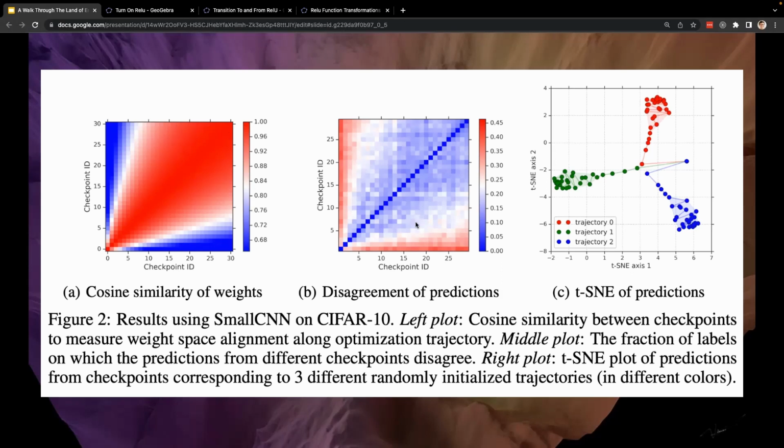And this one also probably won't show you anything too crazy either. So again, it's just comparing one trajectory. So let's just focus on green, for example. And it's comparing the same thing, right? Well, it's comparing disagreement, not cosine similarity, but it's looking at epoch versus epoch. So here we're at epoch 30 comparing to epoch 0. They disagree on 45% of the elements of the data set, which makes sense, right?